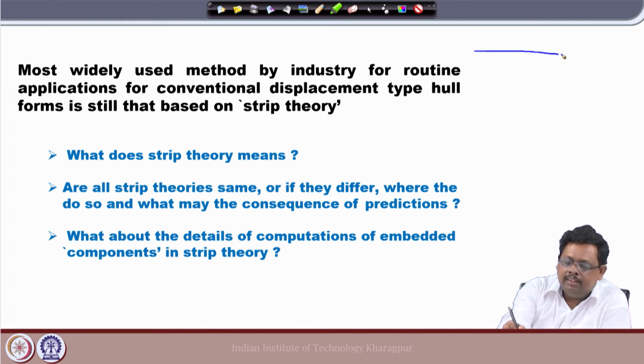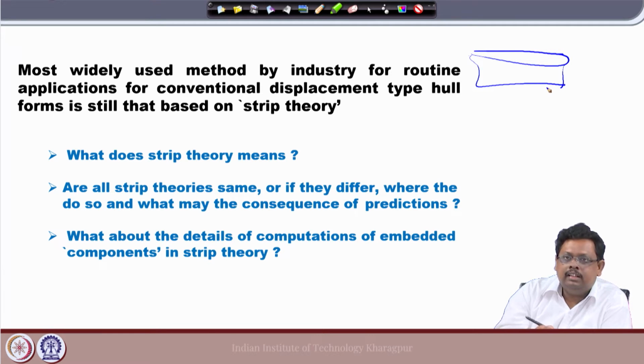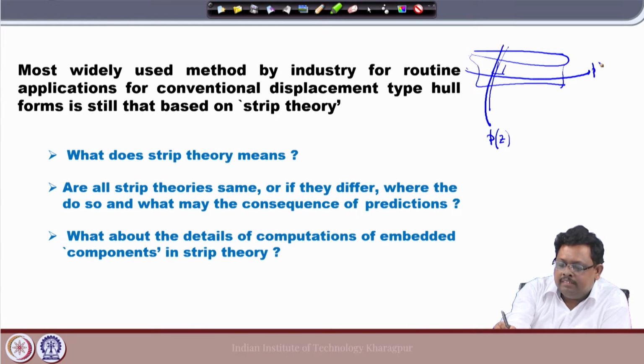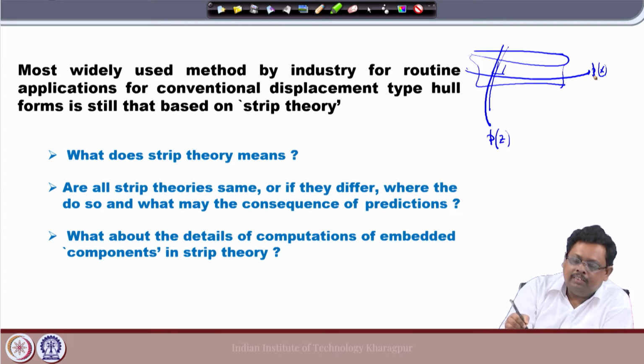Suppose I have a shape, let us say like this, and we are trying to figure out the pressure variation along the depth, maybe Z, and the pressure variation along X also. If you do this kind of detailed analysis, strip theory is not good.